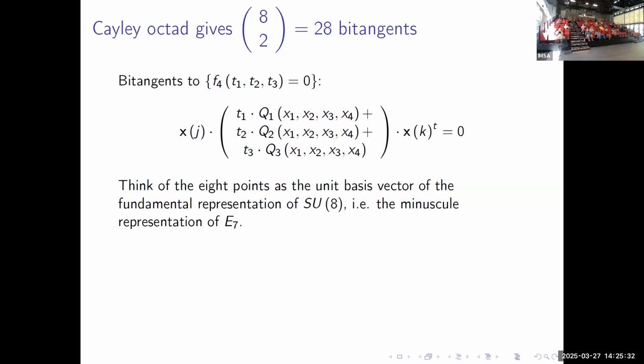So what do you get? You get a linear form in T1, T2, T3. There are 28 ways to do that. Those are the equations of the 28 bitangents. How many of you knew that? Zero. That's why Dolgachev wrote this book. We should all be incredibly grateful to him for that.